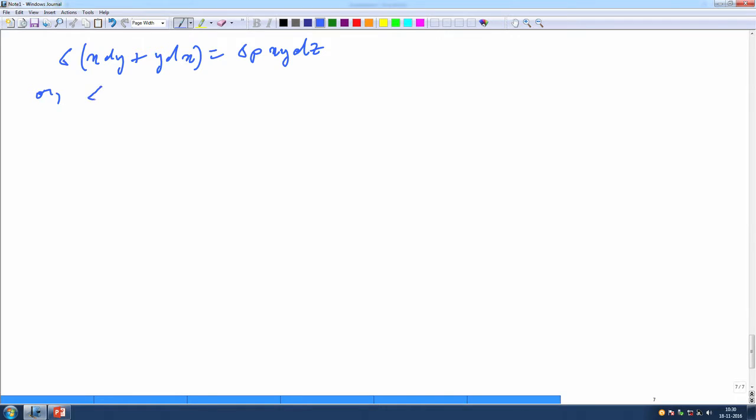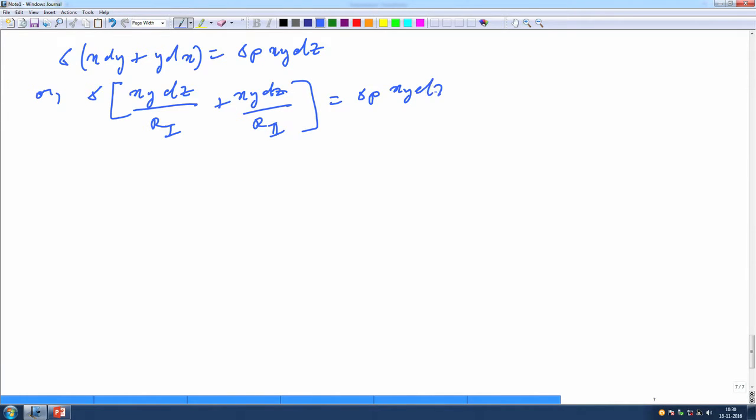Now we can substitute these expressions for dx and dy. So it can be represented by x y dz by R1 plus x y dz by R2. I am substituting the quantities. This equals delta P x y dz.